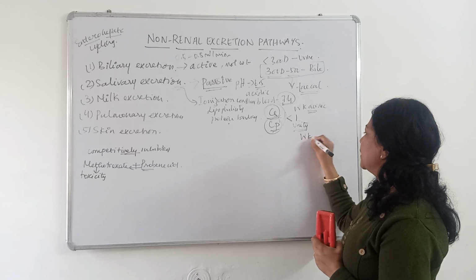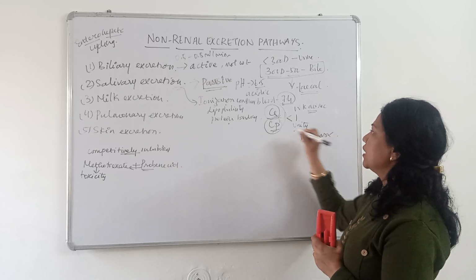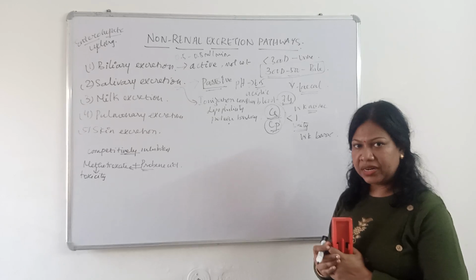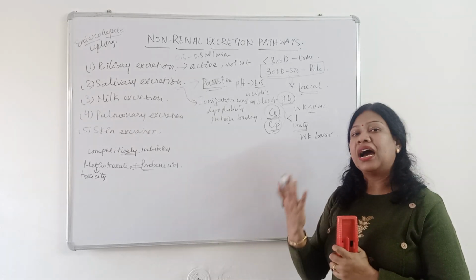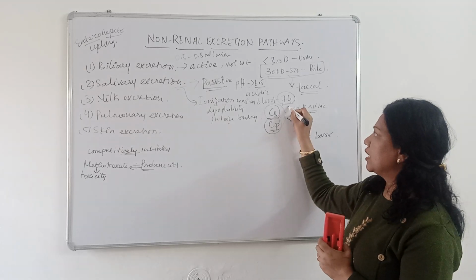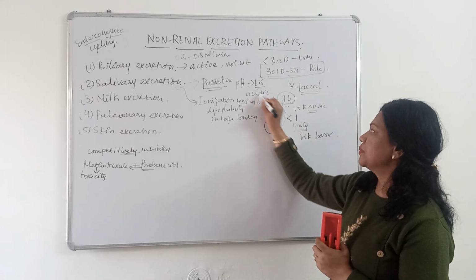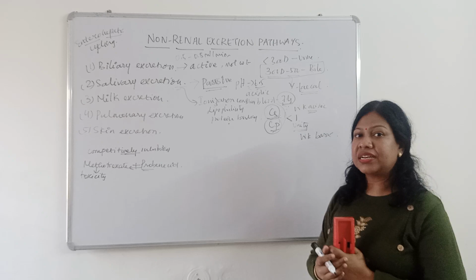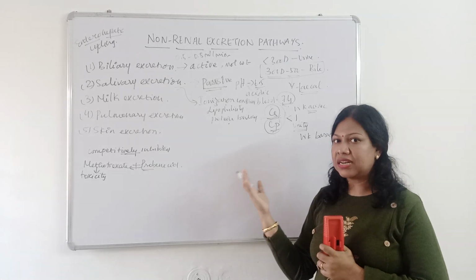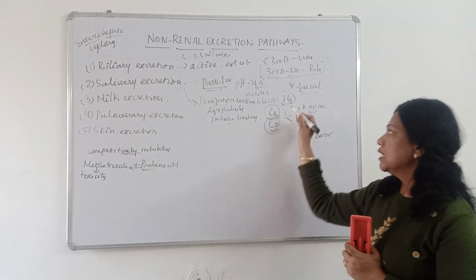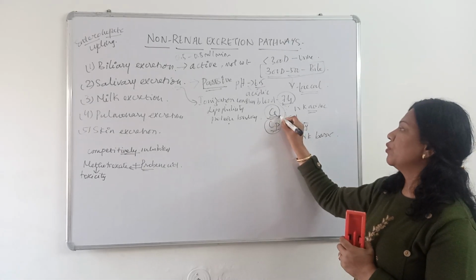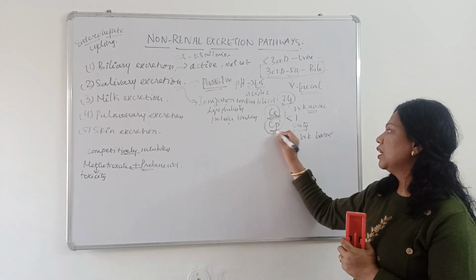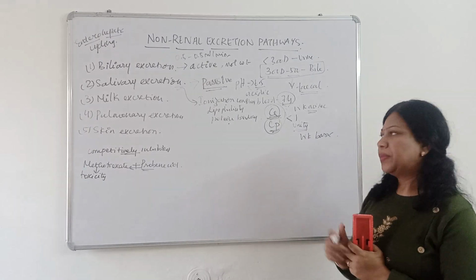Whereas for a weakly basic drug, in the basic pH of blood, the basic drug will get unionized. If the drug is unionized and the medium is acidic, this unionized drug can easily move. As salivary excretion is a passive process, this unionized drug can move to the saliva. So more drug will be present in saliva and less drug in the plasma.